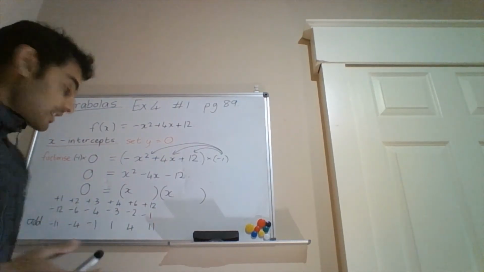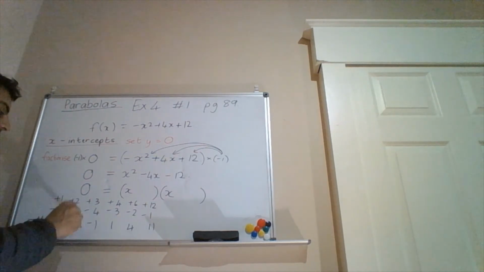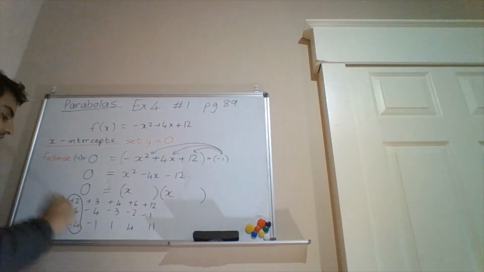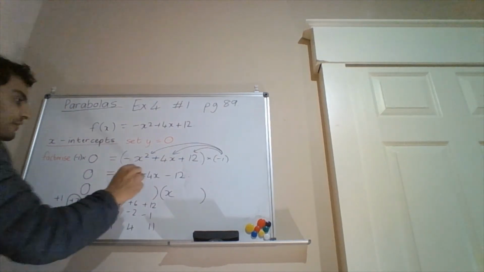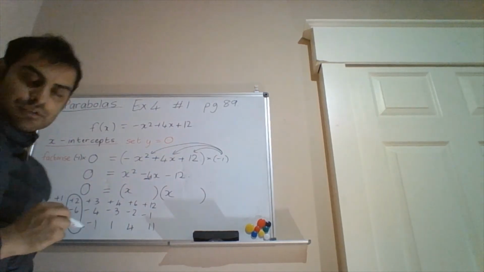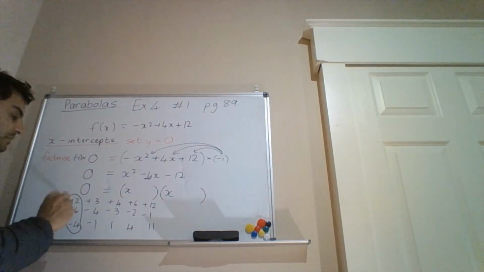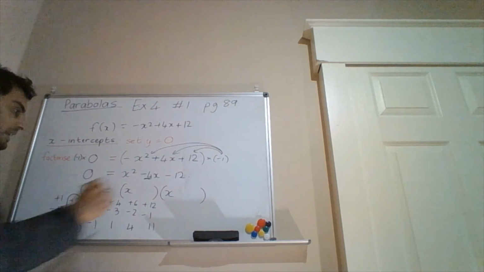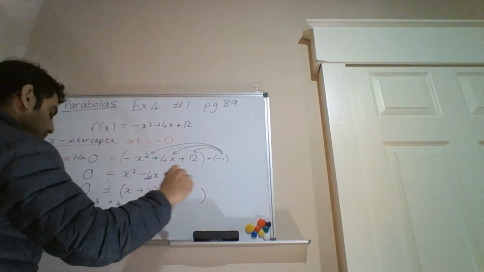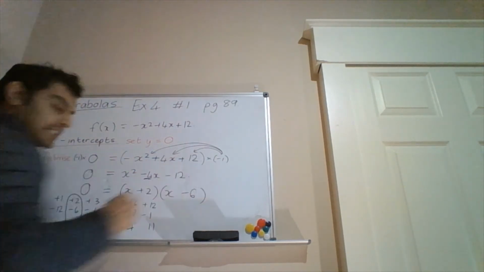So the specific pair that we're looking for is this one. Because when we add them we get the -4, and that's our central term there. So these are going to be our constants in each bracket. We're just going to put plus 2 and minus 6.